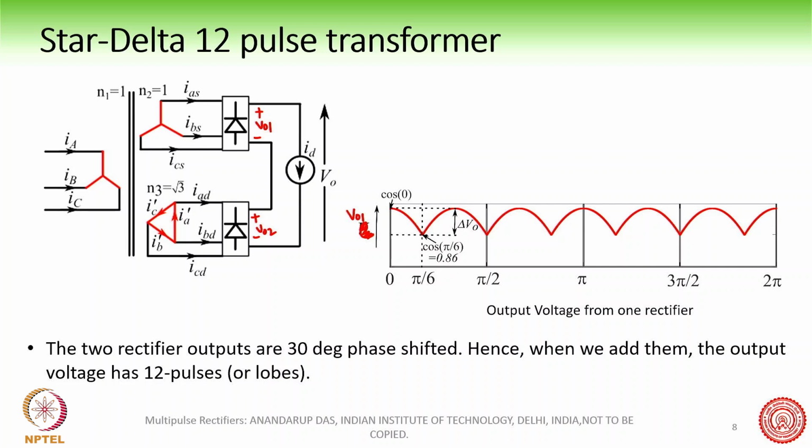Here you have to understand that the delta winding on one of the secondaries causes a phase shift between the line voltages. If we observe the line voltages on the primary side and the line voltages on the star secondary, they are in phase. However, for the line voltage of the delta, if we look carefully, there is a phase shift, because we know the delta winding causes a phase shift between the primary and the secondary.